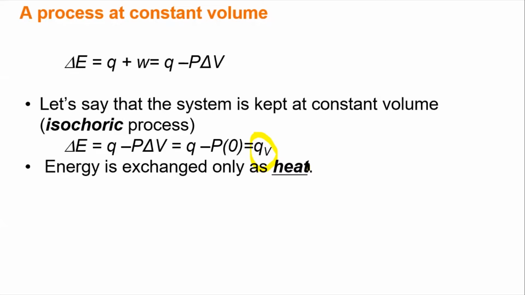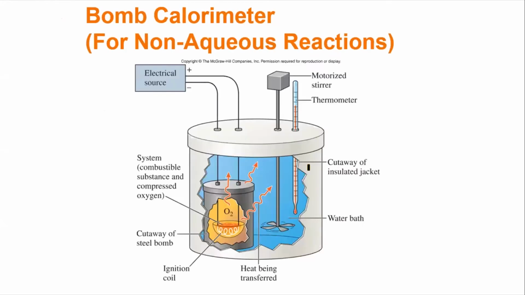So let me tell you what kind of apparatus we're going to use for this. It's very interesting. Okay, wait for it. It's called a bomb calorimeter. That's right. It's a system that consists of two tanks. There is an interior tank, and that's our system.